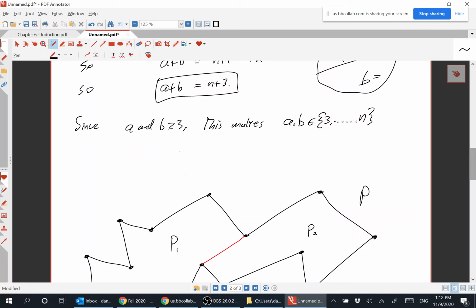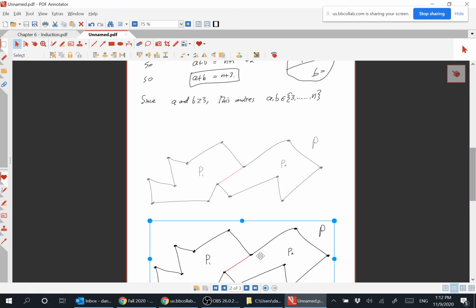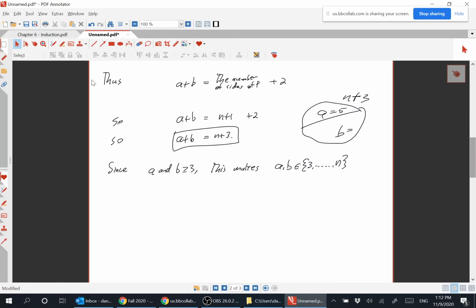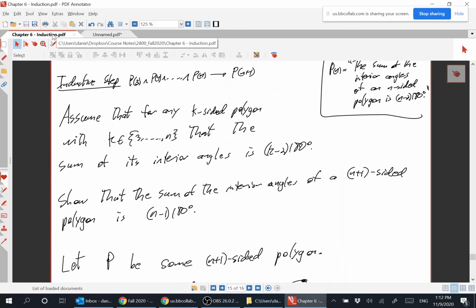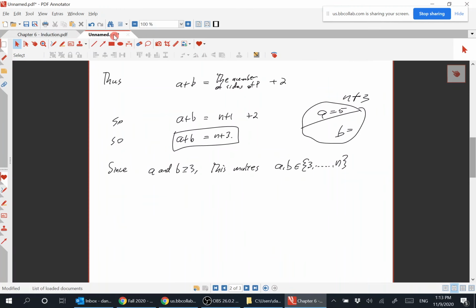So what did we assume about polygons whose number of sides is between 3 and n? It's k minus 2 times 180. Now the sum of their angles is that much, k minus 2 times 180.